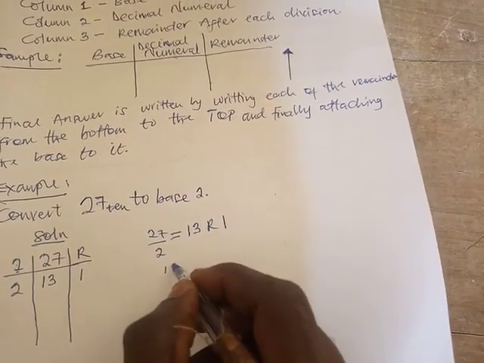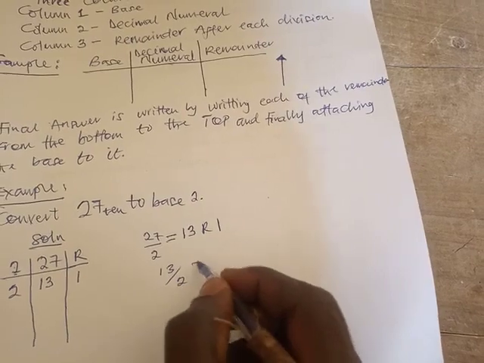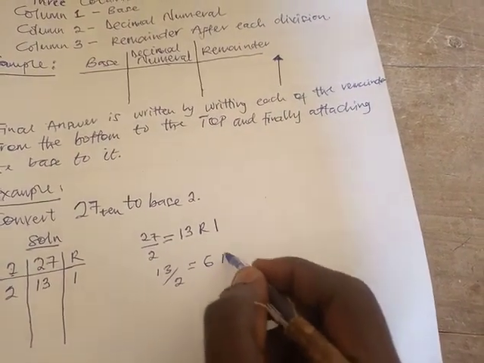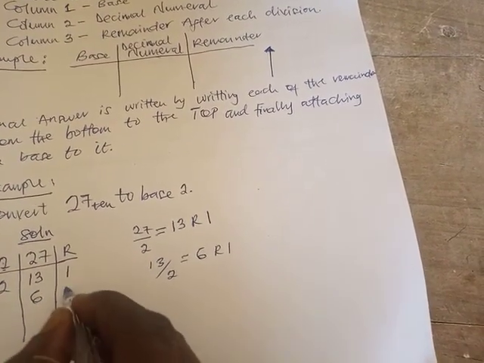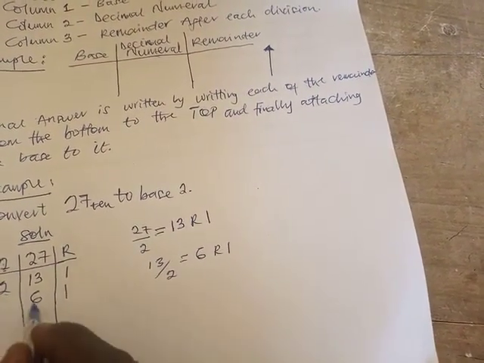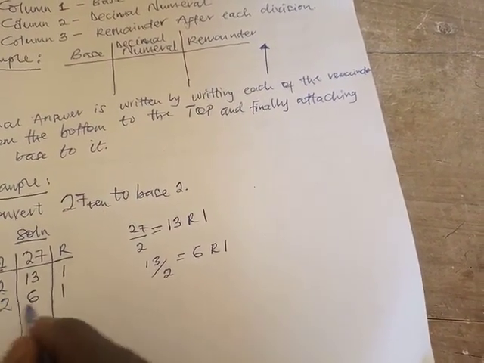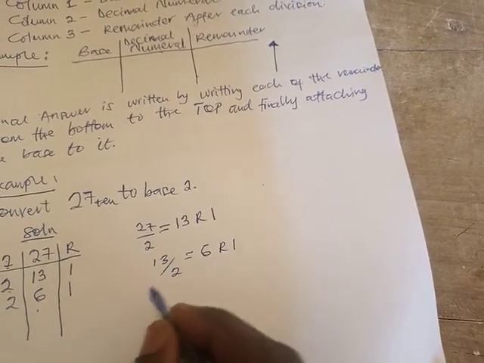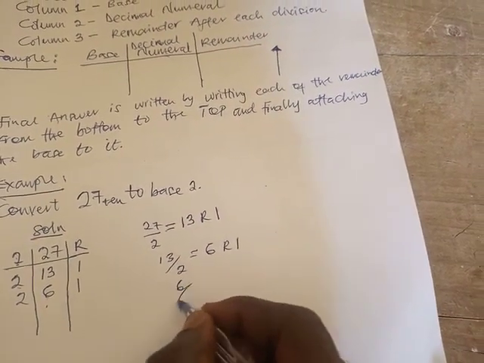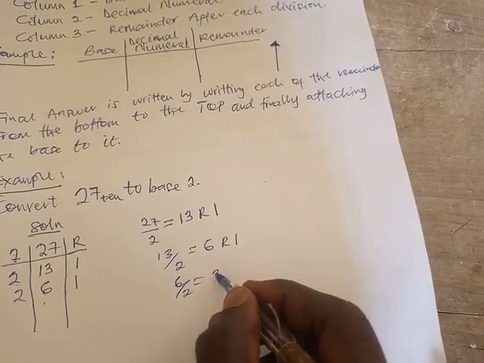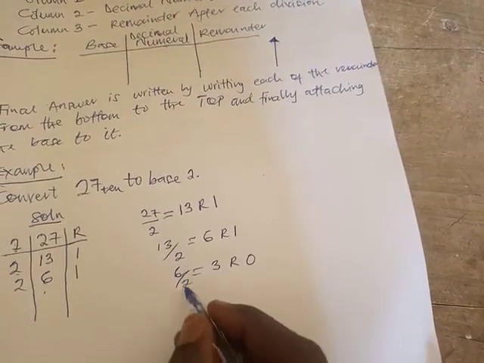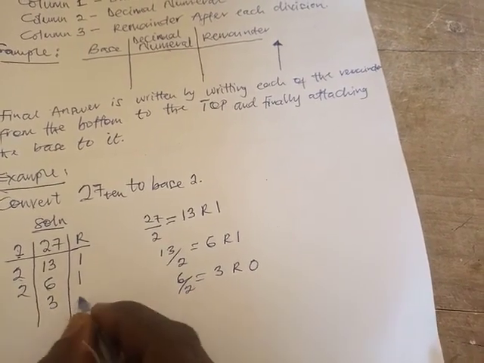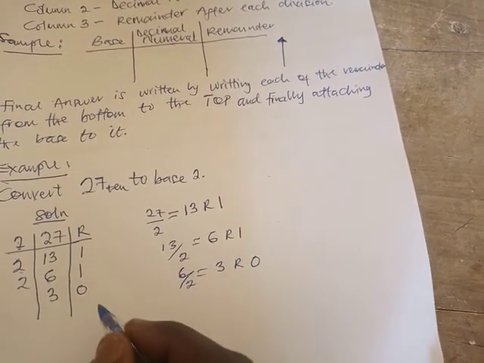So we have 13 on 2, we have 6, remainder 1. So we have 6 here, remainder 1. 2 into 6, we have 3, remainder 0. 2 goes into 6, 3, remainder 0.